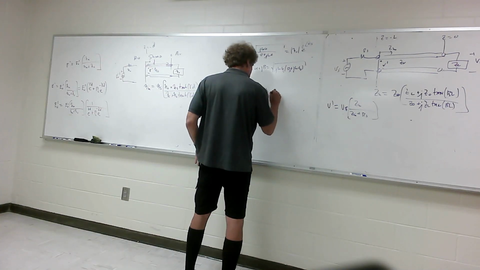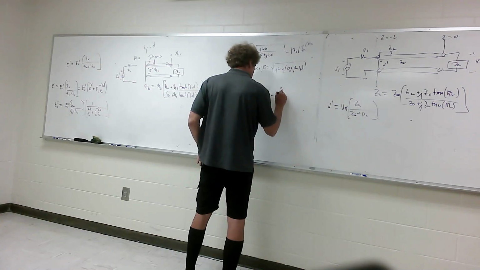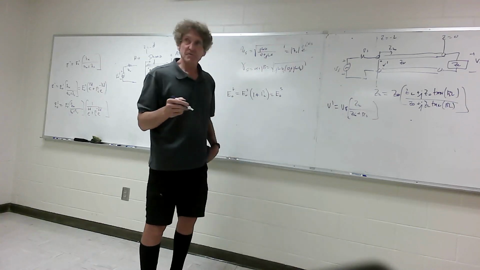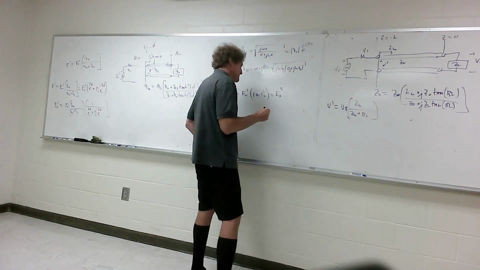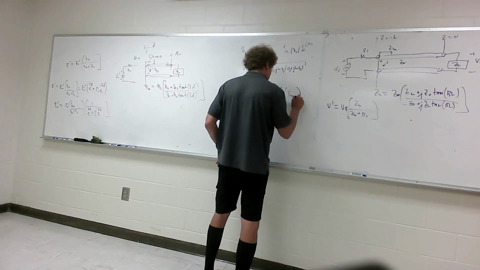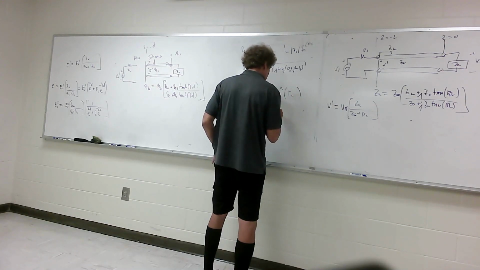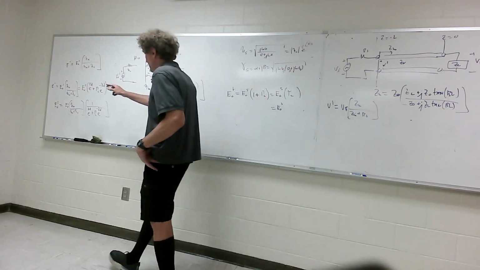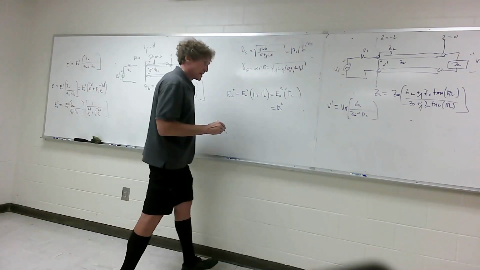Now 1 plus reflection coefficient is the transmission coefficient, so it's E0 S times the transmission coefficient at the load. And here's the nice part, that means it's E naught in the shield, it's that value right there.